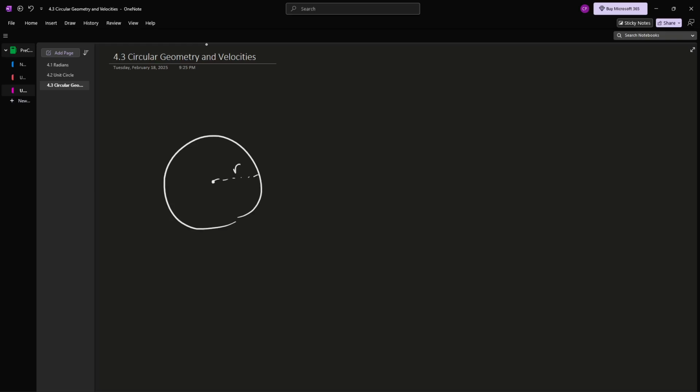A couple things that we know about a circle is the circumference. Circumference is the perimeter of a circle. So the whole distance around, as I travel along this whole arc, this whole circle, how long does it take? And this is 2 pi r.